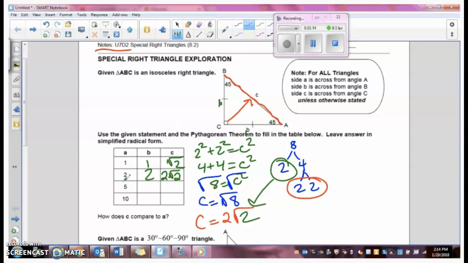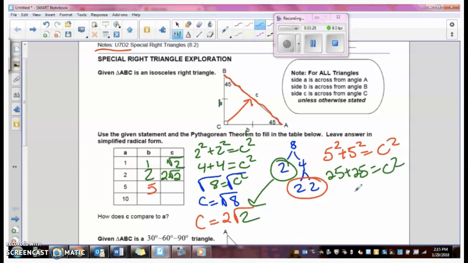Now, you can try the rest of these, and what you'll find out is that you'll start getting a pattern. So we see 25 plus 25 equals c squared. So that would be 50. And the pattern that you're going to see is that whenever you split this up, you're going to get whatever a is times the square root of 2.